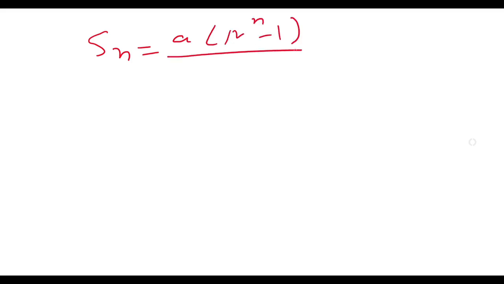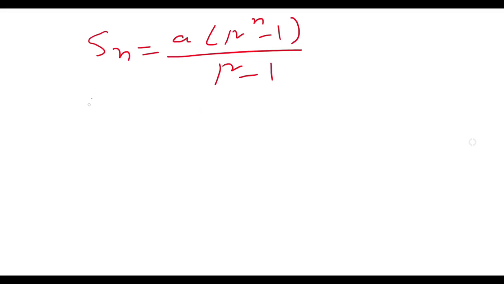We're going to use the formula for the sum of a geometric series: Sn is equal to a(r^n minus 1) over r minus 1. Now we need to substitute the values we know.